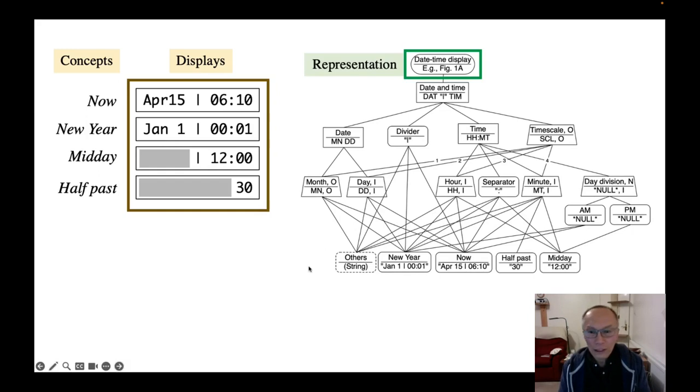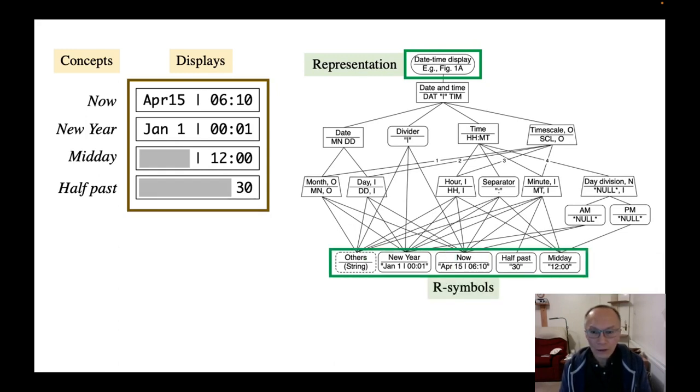The representation schema is lozenge-shaped, and it signifies the entirety of a representation. At the bottom level in a model, we have R symbols. These are rounded rectangles. What they do is to pair one specific concept, such as a value, a fact, with one graphic object.